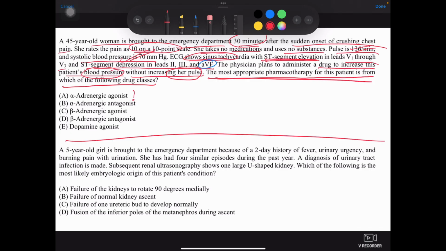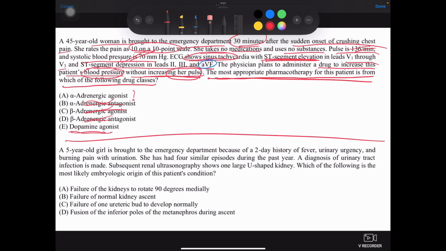Let's see if there is some drug which is not affecting the pulse. Antagonists cannot be there. Vasodilators, agonists, no. Both antagonists and agonists will be vasodilators. Beta adrenergic antagonist, no. Dopamine is the best drug to increase the heart rate.